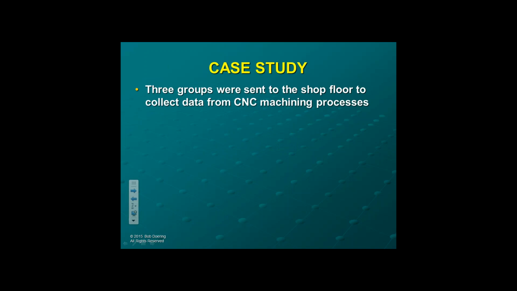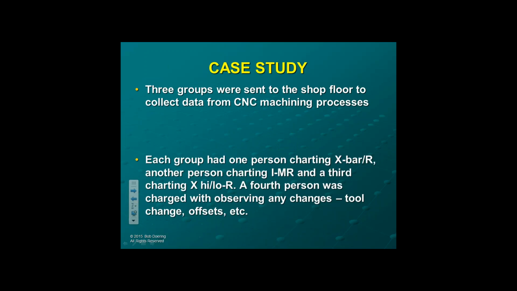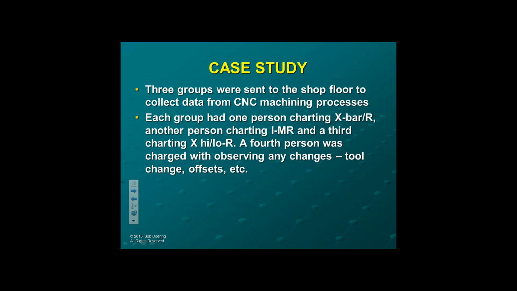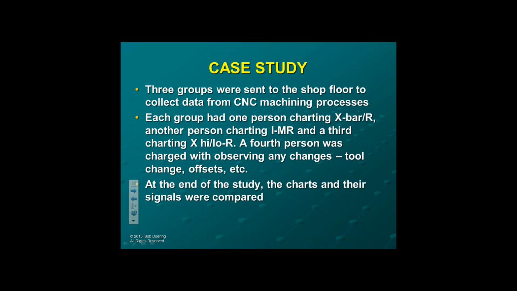We're going to take a look at the results of two of them for time's sake. Each group had one person charting X-bar and R, another person charting individuals and moving range, and a third charting with the X-high-low R. A fourth person was charged with observing any changes, tool change, offsets, anything. At the end of the study, the charts and their signals were compared.